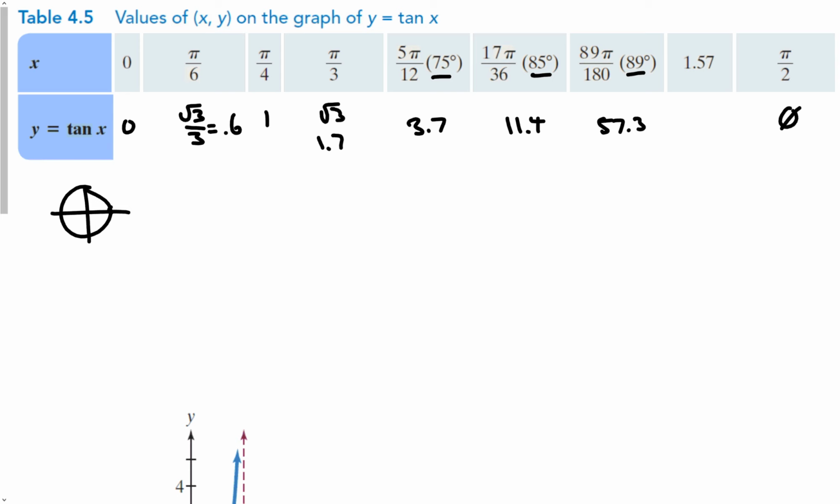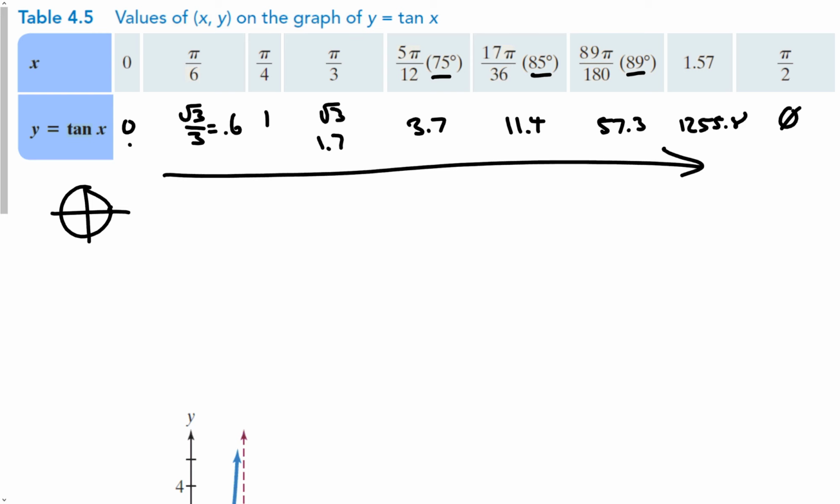But if we plugged in something that's really close to pi over 2, like 3.14 divided by 2 to get 1.57, we would get, if we plug this in the calculator, 1255.8. So if you notice what's happening here, the tangent starts at 0, and then as I go right, this function starts to increase faster and faster and faster.